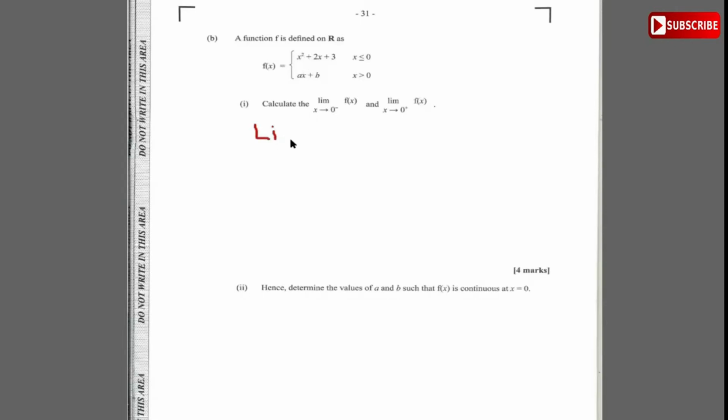So the limit as x approaches 0 from the left-hand side of f of x will be equal to, plugging in 0 in here, 0 plus 0 plus 3. And so the limit from the left-hand side is 3.